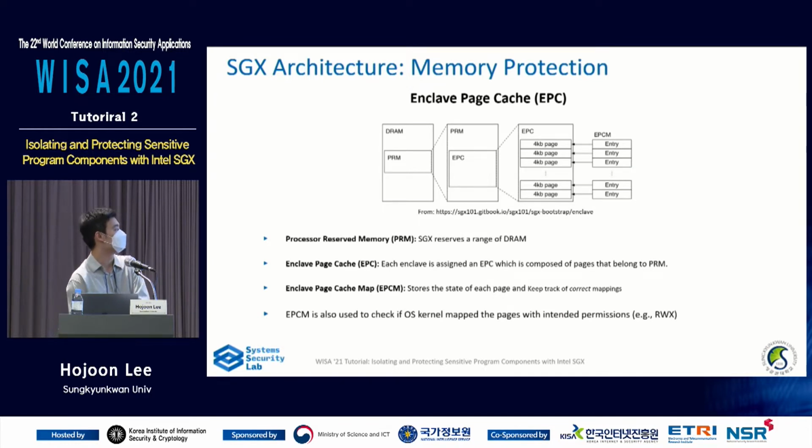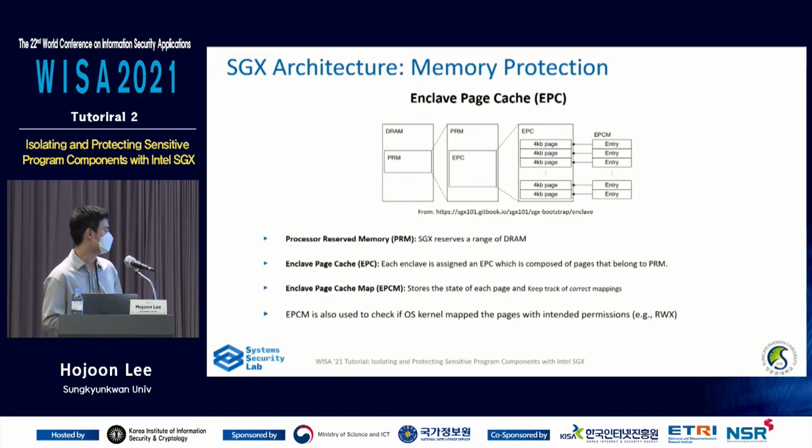Okay, so in an enclave, we have what we call EPCs. It's called Enclave Page Cache. These are basically pages that belong to the enclave and are thus protected. During boot, SGX, or the Intel CPU, reserves a range of DRAM so that it can be used for security purposes. And EPC is assigned inside the PRM to provide secure memory for enclaves.